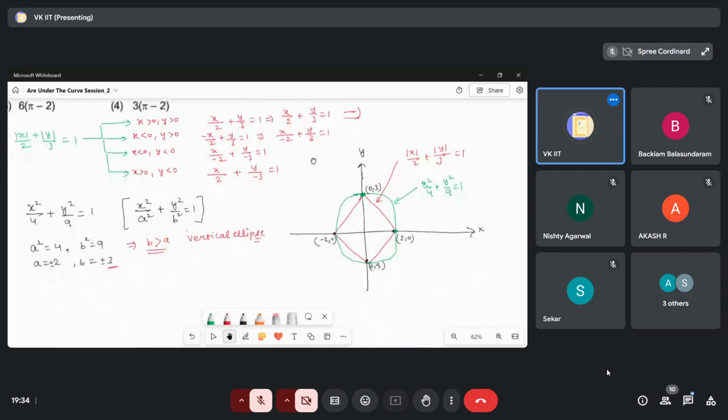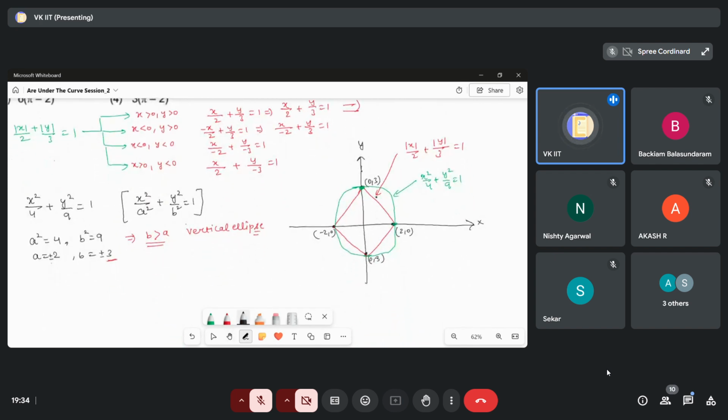So therefore, outside the line means you are saying this. And inside the ellipse means now you must have guessed that this is the required region. Is that clear or no? So they can ask the question in a twisted manner also like this.